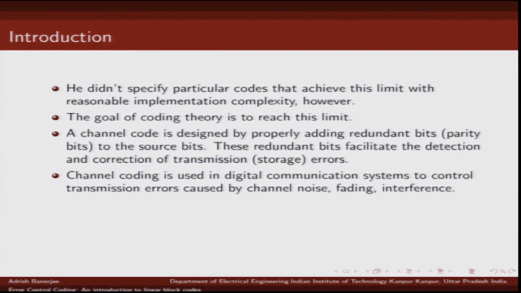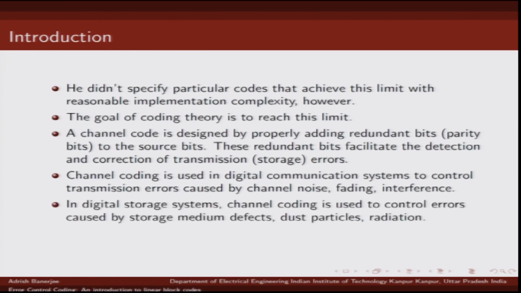For example, when we send a signal over a communication link, it gets corrupted by noise, fading and interference, so to combat these effects we use error correcting codes. Similarly, in digital storage systems, we want to correct errors caused by storage media defects, dust particles and radiation, so we use error correcting codes there.